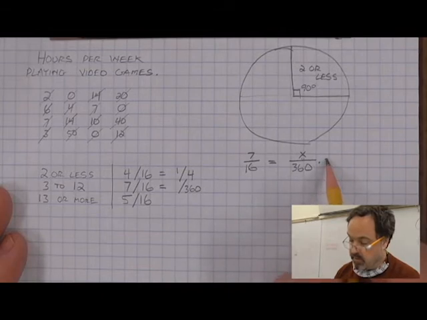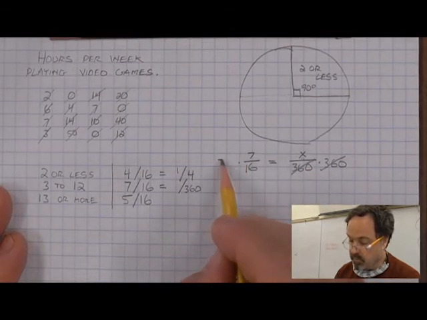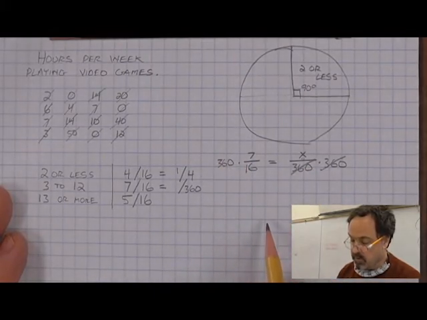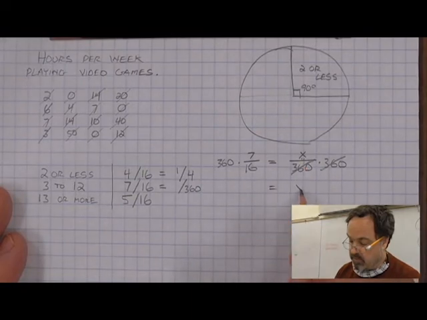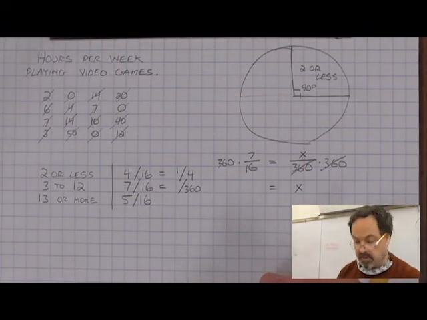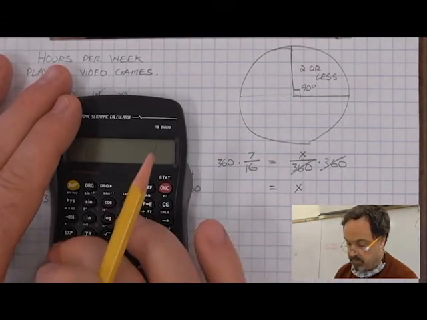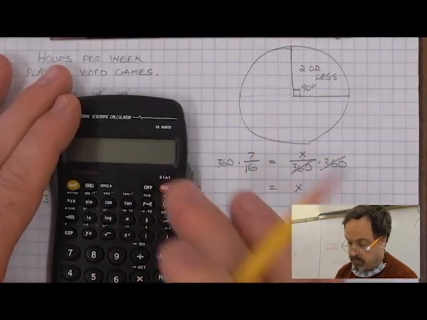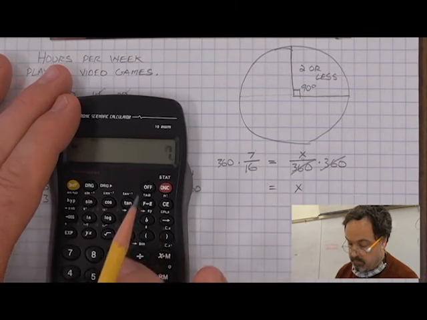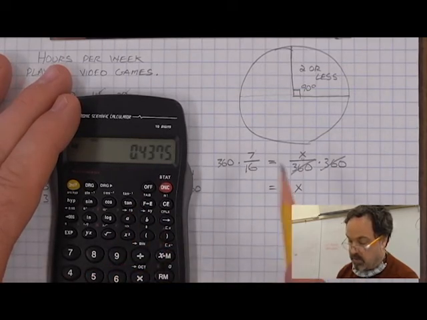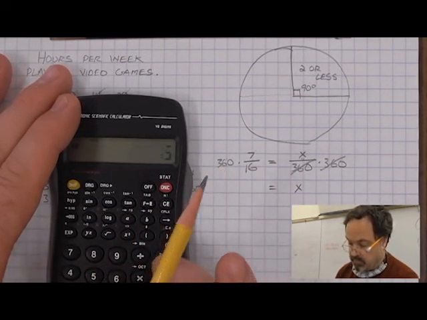If I multiply both sides by 360, it undoes the division by 360. What I do to one side, I must do to the other. I will get x by itself on the right side, and I'll need a calculator to calculate 7 divided by 16 and then times 360.